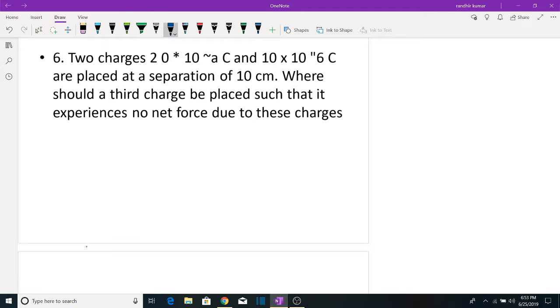Question number 6. Two charges, 2.0 into 10 to the power minus 6 coulomb and 1.0 into 10 to the power minus 6 coulomb, are placed at a separation of 10 centimeter.